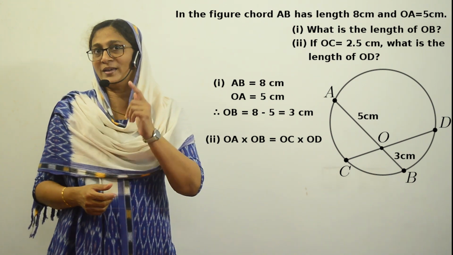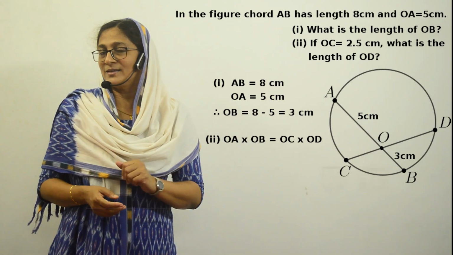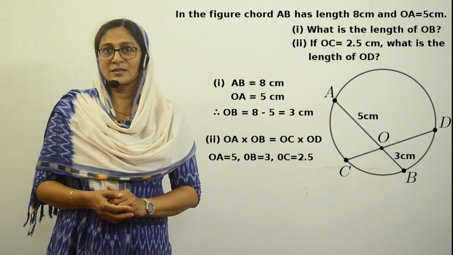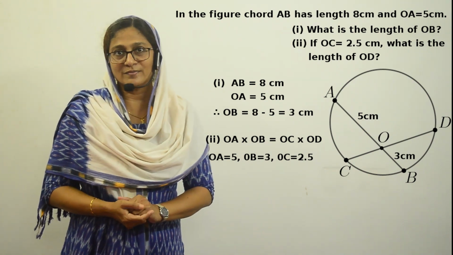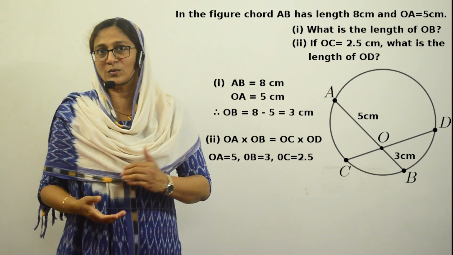Now the length of OA is 5. The length of OB is 3. And the length of OC given is 2.5. How, children, are we going to find the length of OD?